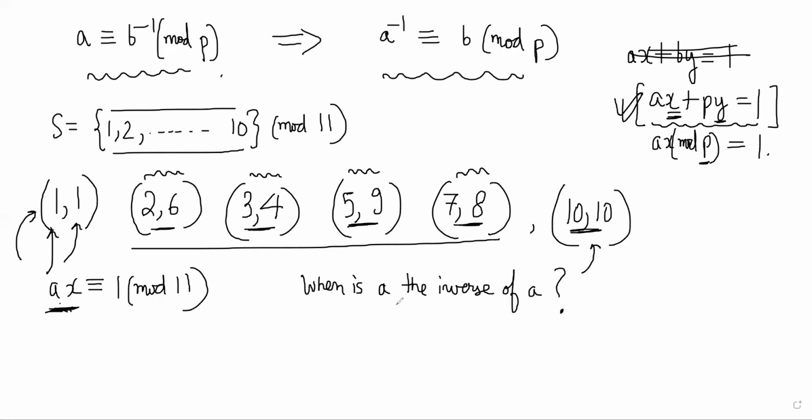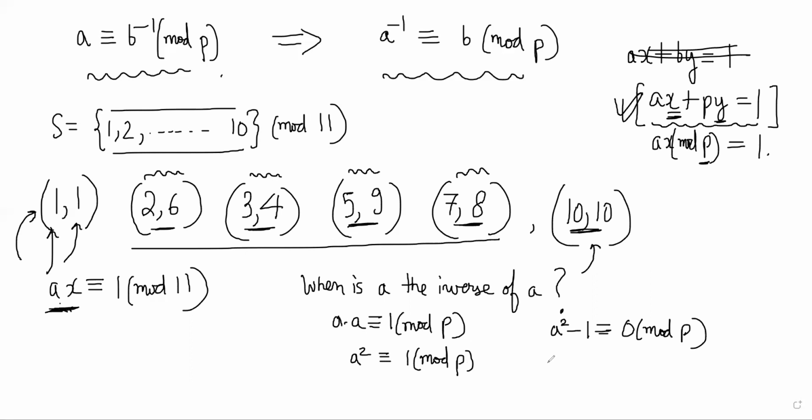When is A going to be its own inverse? That means A into A should be 1 mod P. A square should be 1 mod P, which means A square minus 1 should be 0 mod P. Which means P divides A square minus 1, which means P divides (A minus 1) into (A plus 1).